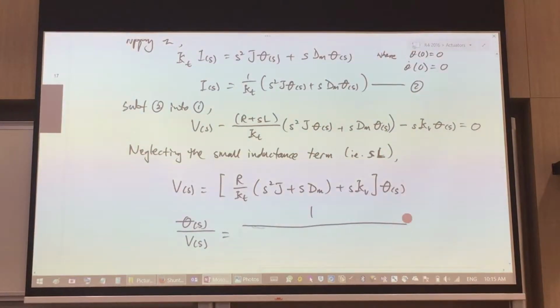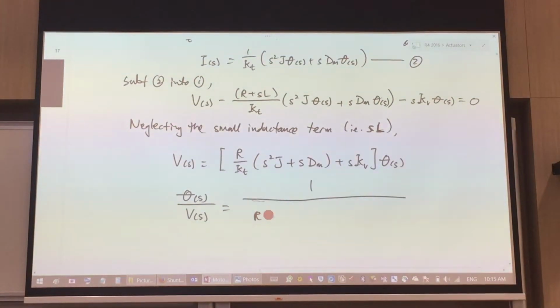1 over R J over KT s squared plus 1 over J s Dm plus KT over RJ s Dv.